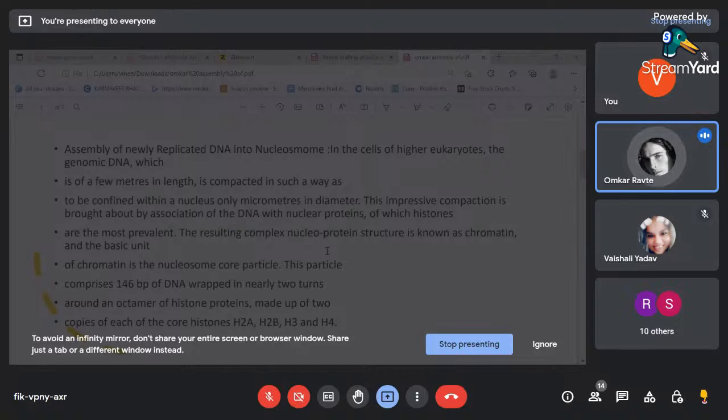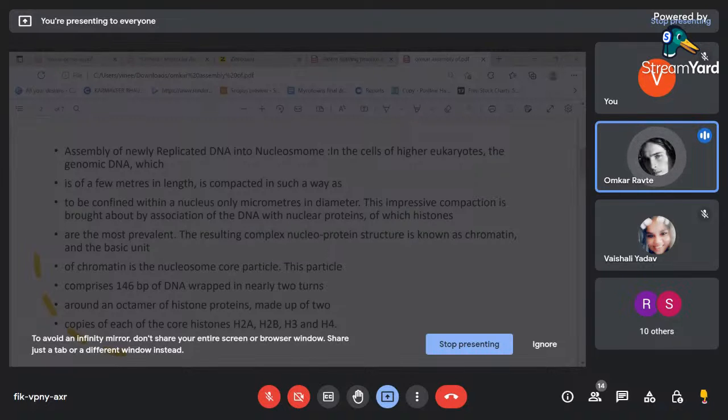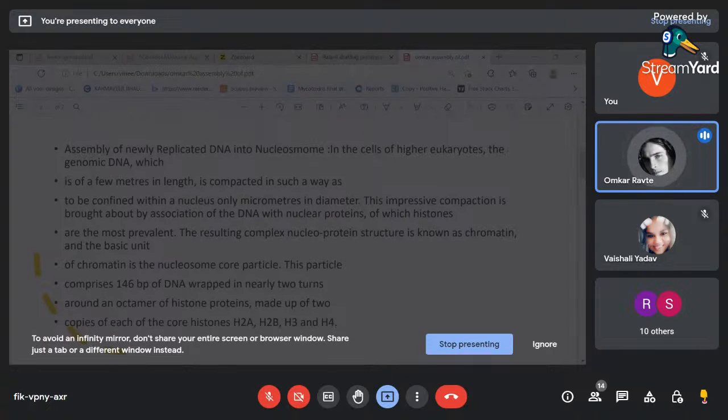Assembly of newly replicated DNA into nucleosomes in the cells of higher eukaryotes. The genomic DNA, which is a few meters in length, is compacted in such a way as to be confined within a nucleus only micrometers in diameter. This impressive compaction is brought about by association of the DNA with nuclear proteins, of which histones are the most prevalent.